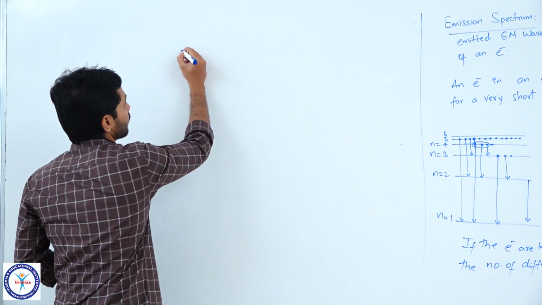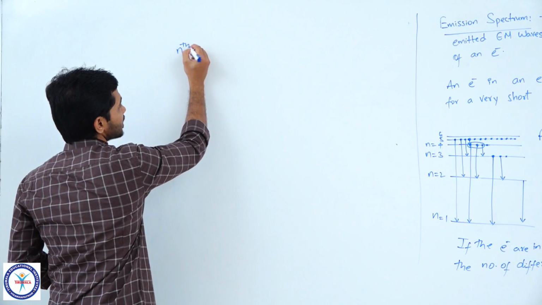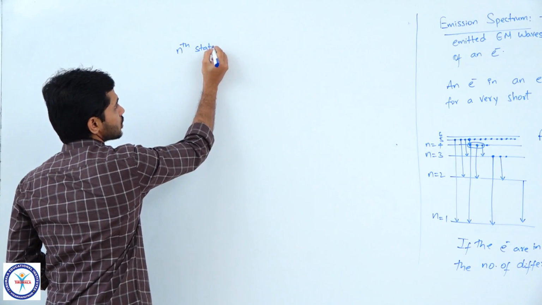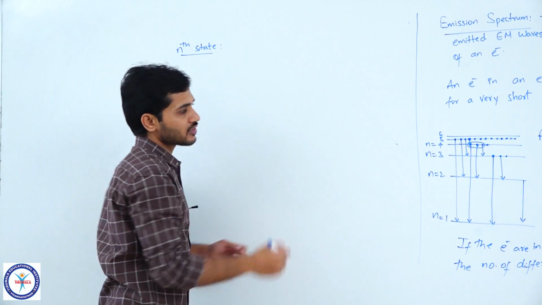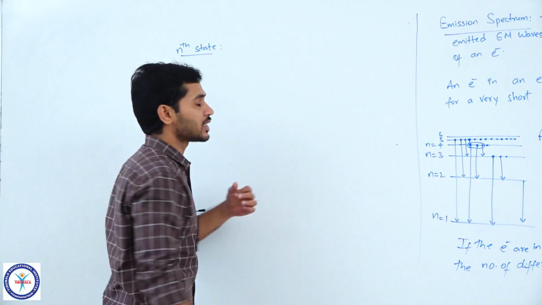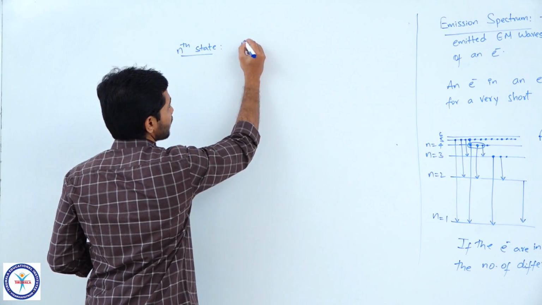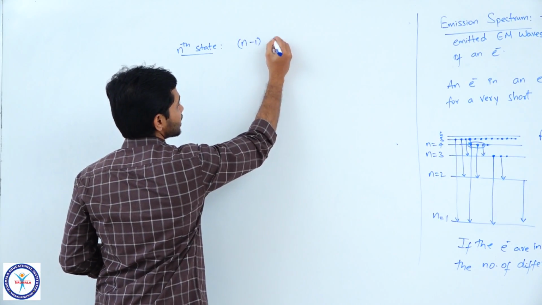From the nth state, if the electron is initially in the nth state, how many possible ways can it come to a lower state? We have just seen that from the fifth state it has 4 possibilities, so from the nth state we have n minus 1 possible ways.